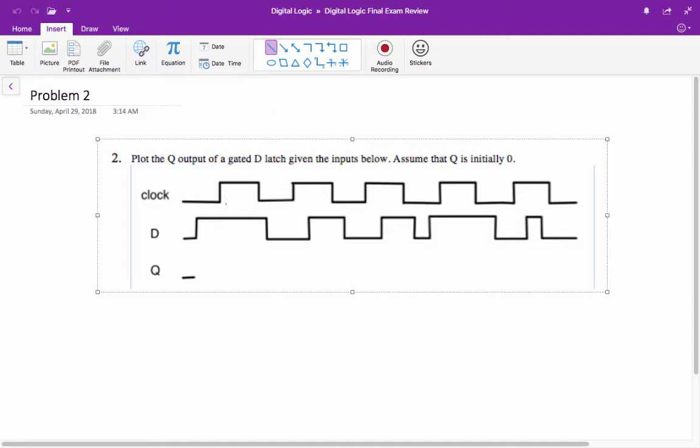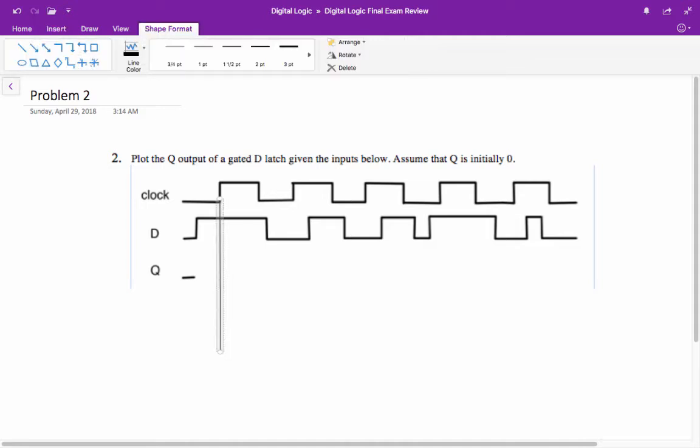I'll just draw vertical lines here where the clock changes. That will help me know when to make a change and when not to, because it can only change while the clock is 1.